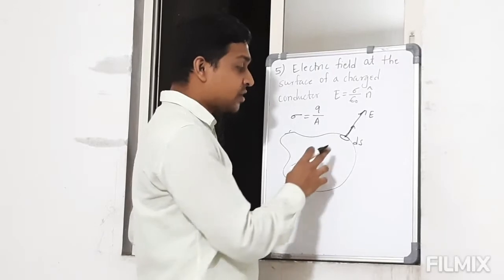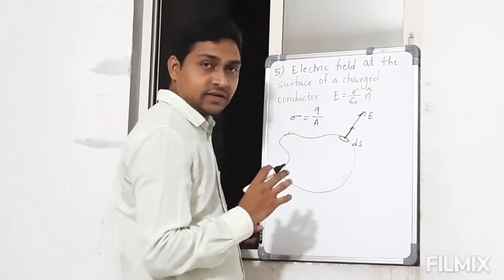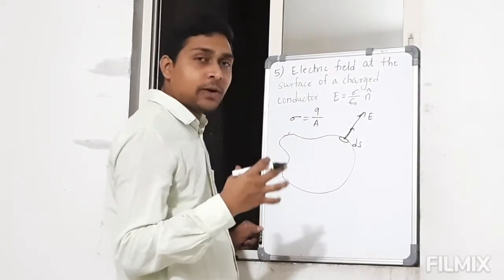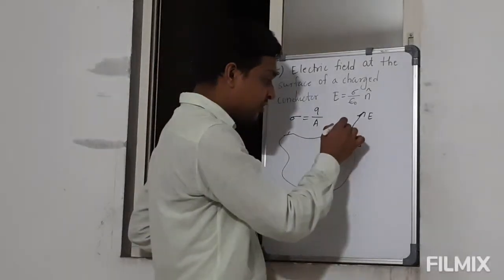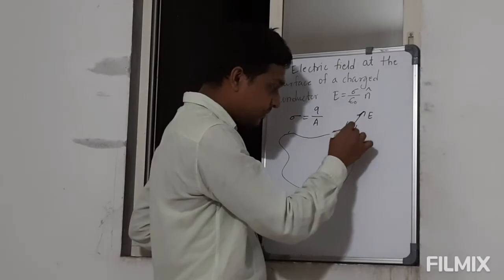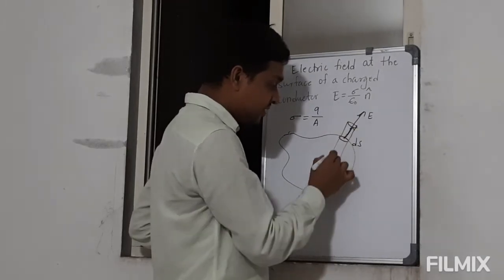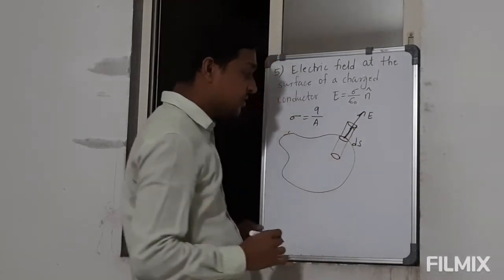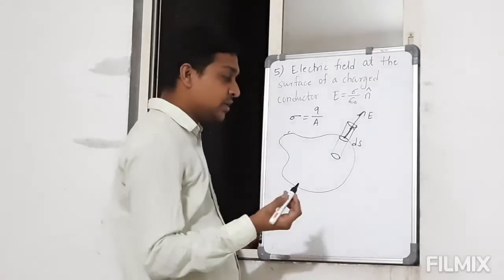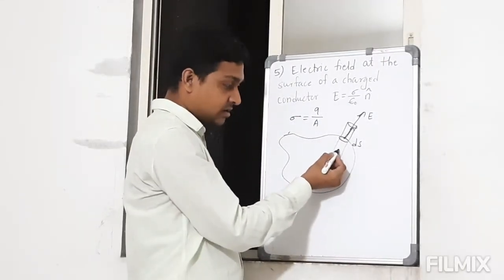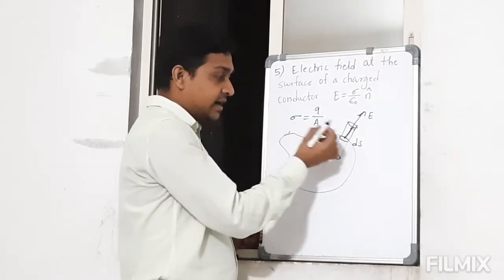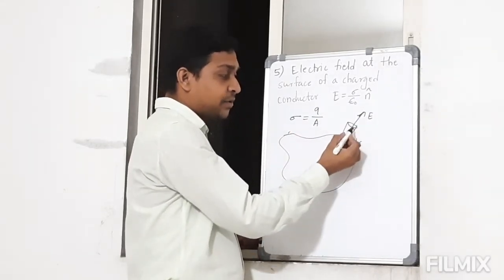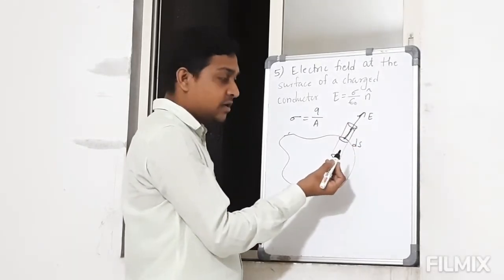Now to find electrostatic field because of any conductor, if you want to apply the Gauss theorem, we should consider a Gaussian surface. So here the Gaussian surface we can consider as a cylinder which is partly inside, partly outside. Okay, so as we know that inside the conductor electrostatic field is 0, so no flux there, and if we take the component E dot ds, we have to take flux.